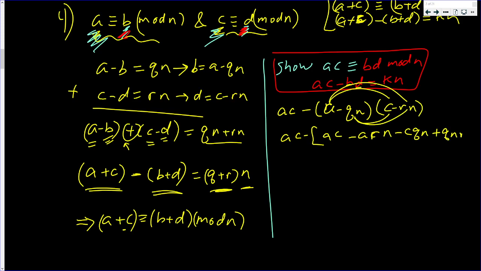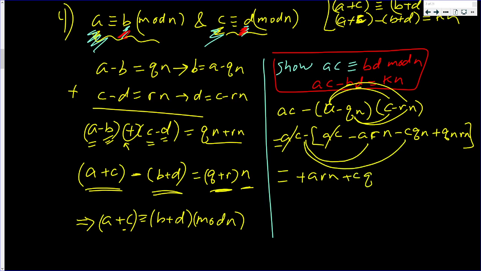qn times rn. Well, I hope it's clear that ac minus ac is gone. We need to take this away, so it becomes plus. We need to take that away, so it becomes plus. And we need to take away that last one, qnrn. And I do want to write one thing.